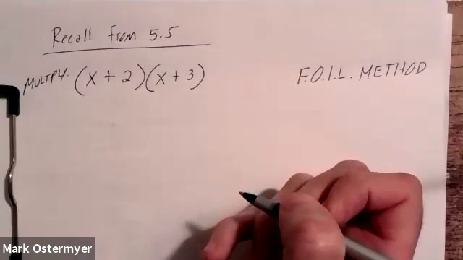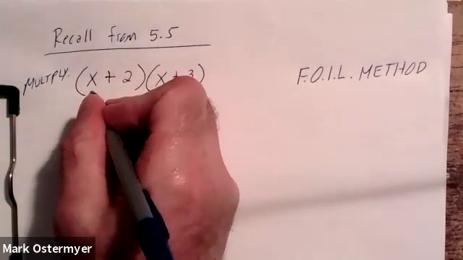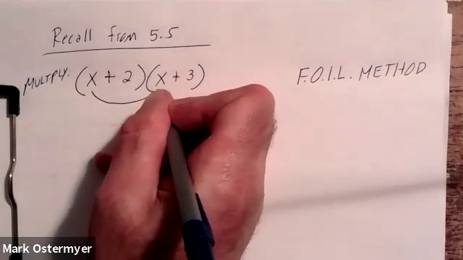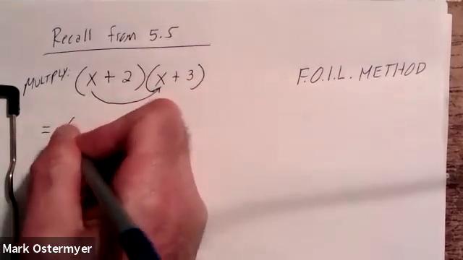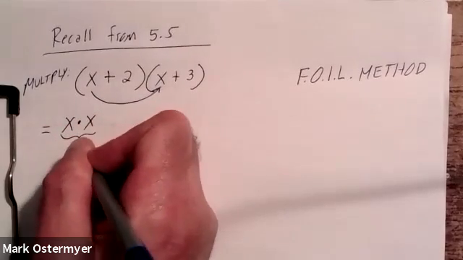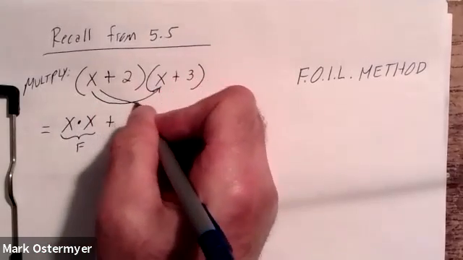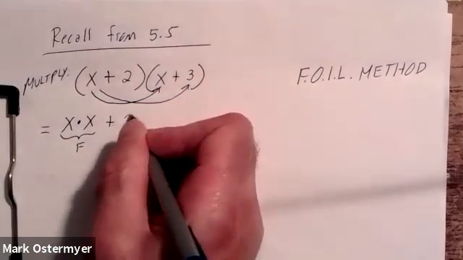And the FOIL method had us beginning by multiplying our first terms together. So we would take x times x. That's the product of our first terms. Plus, then we'll multiply our outer terms together, x times 3.